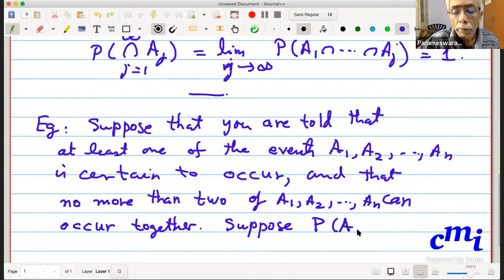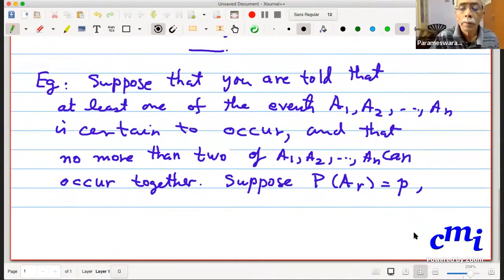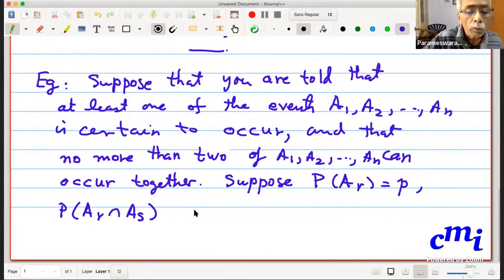Suppose that the probability of each one of these is equal to P, and the intersection of any two of them, AR intersection AS, is equal to Q, if R is not equal to S.